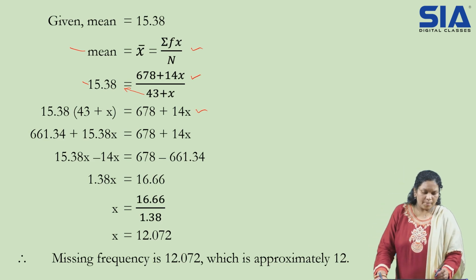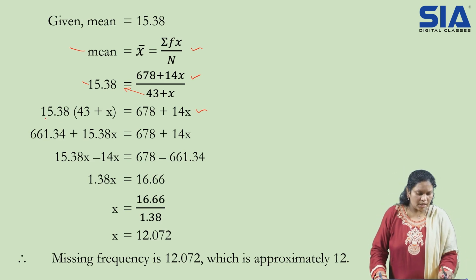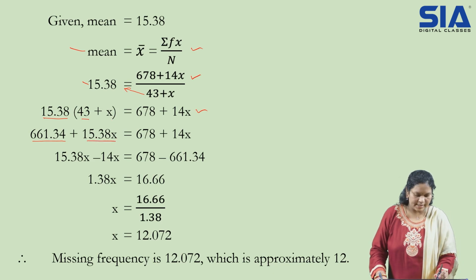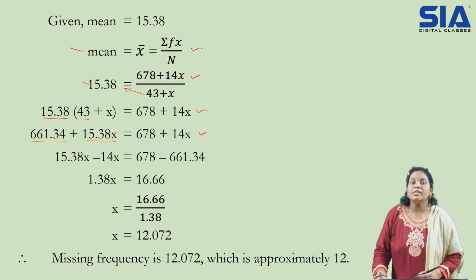Now because it is multiplication, multiply 15.38 into 43, you will get 661.34, plus 15.38 into x, as it is. The other side I have copied as it is.